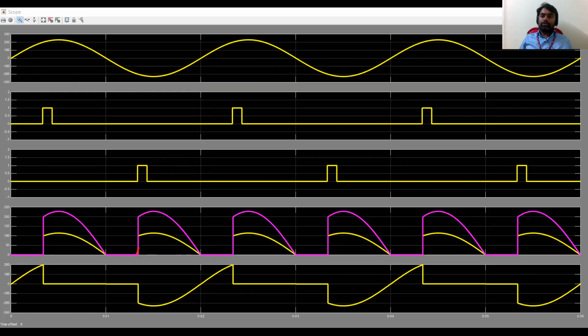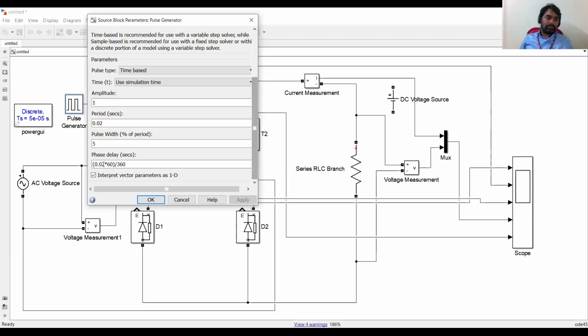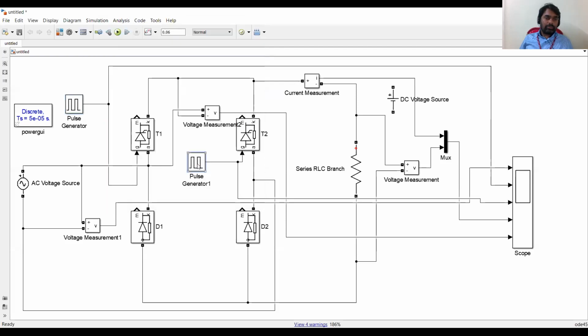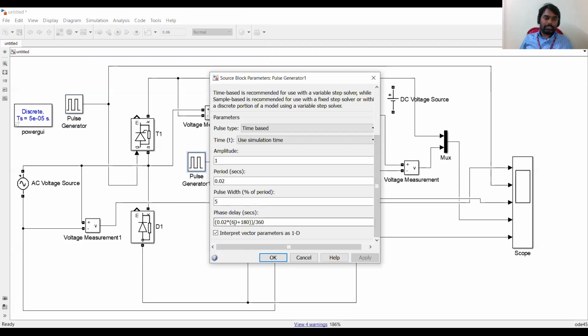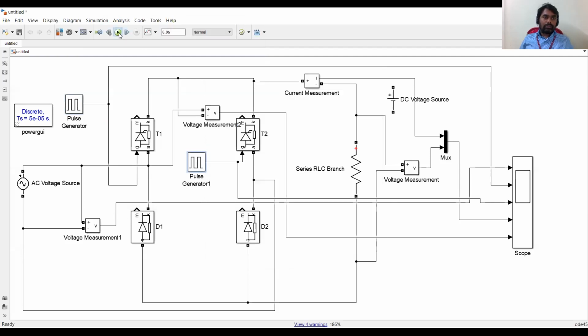Now we'll move on to one more firing angle. Let us consider 120 degrees, and T2 should fire at pi plus 120 degrees. Just I want to show you the variation.